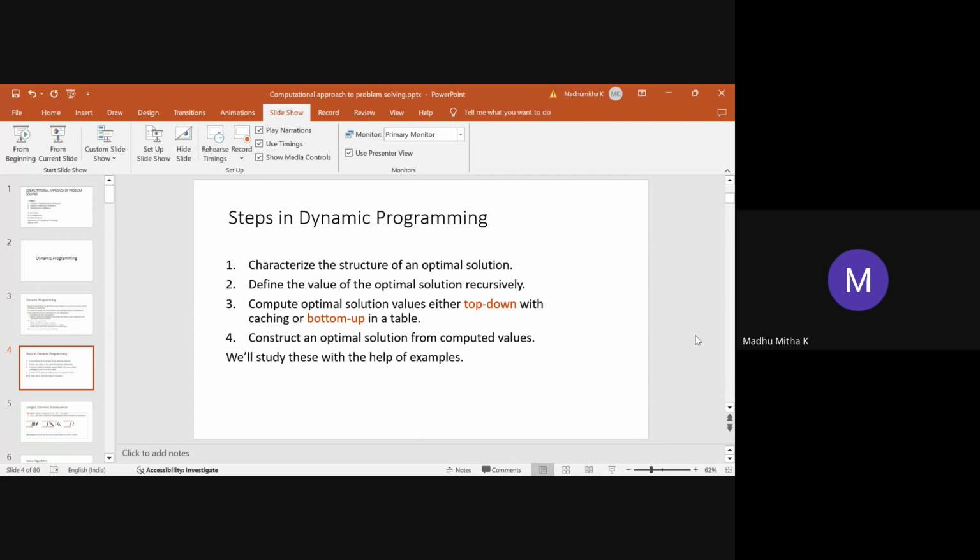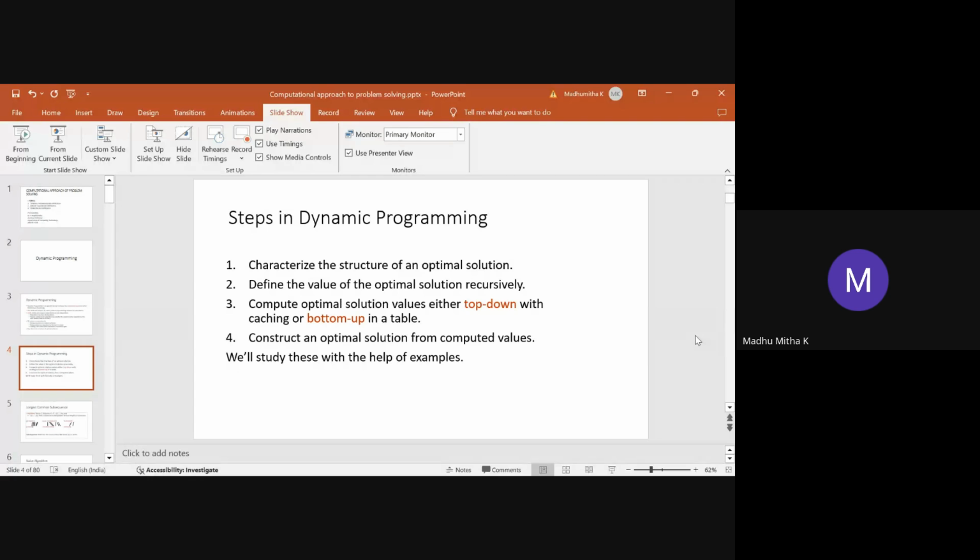To make the subproblem optimal, you always have to find the minimum path from the source to the destination. For that, in dynamic programming, we use the intermediate node along with the source node and the destination node.